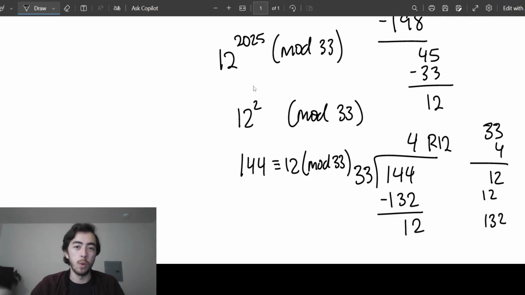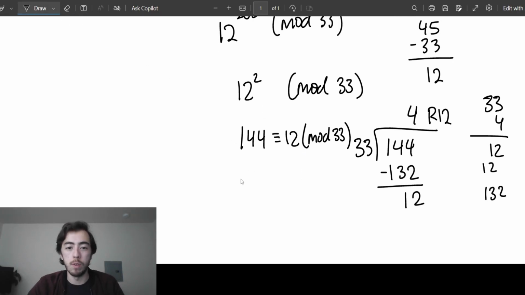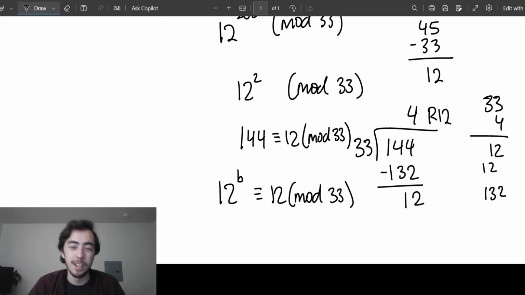We're just going to get 12 every single time we multiply 12 by 12. So since 12 squared is the same thing as just 12 mod 33, 12 to the power of any power, let's just do, I don't know, b for the exponent, is still going to be 12 mod 33. So I guess there was no pattern here besides just that it hits 12 every single time.